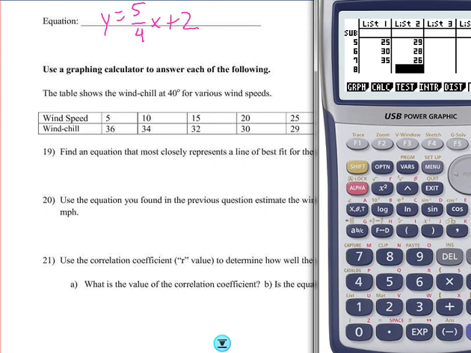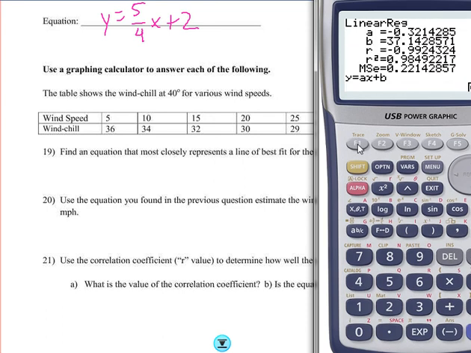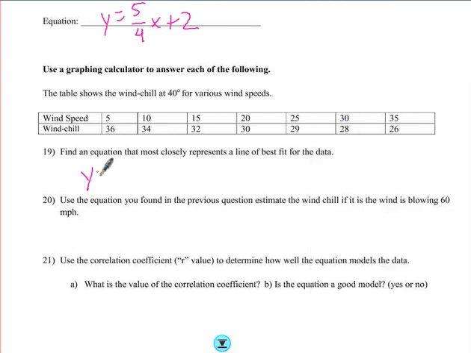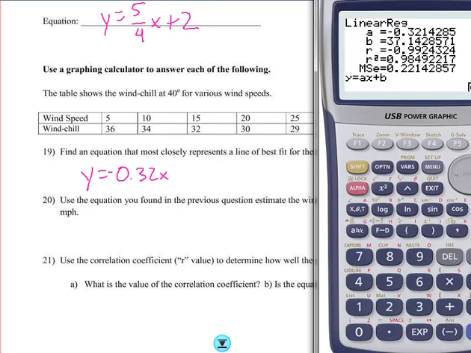I'm going to go ahead and take this into calc. F3 for linear regression, F1 for x, and there's my values. Okay, so we'll round it to the 100th just to be easy. We'll say y equals negative 0.32x, and then the y-intercept was 37.14.